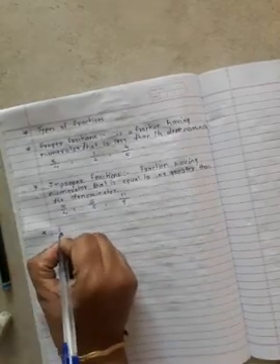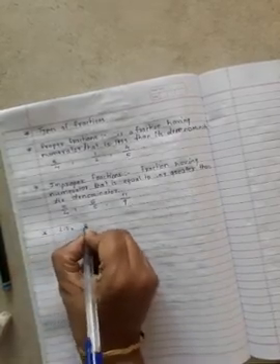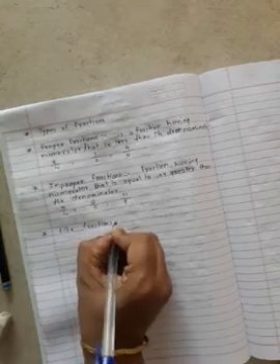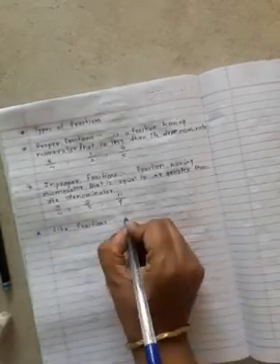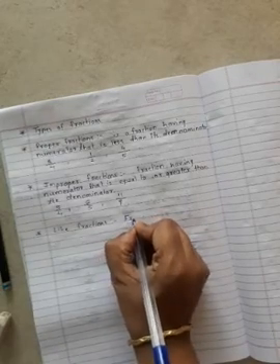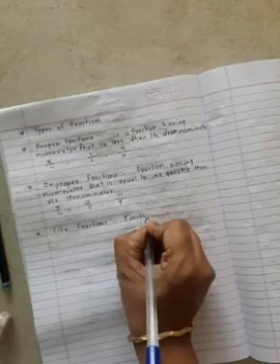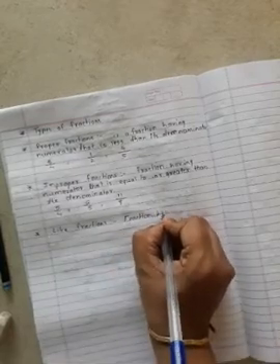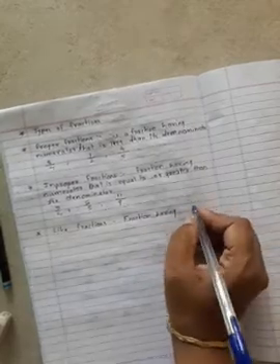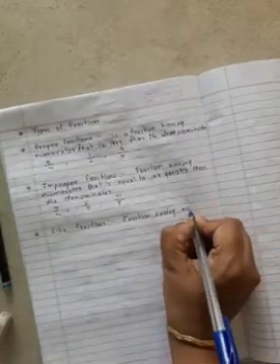Next one, like fraction. Like fraction means fractions having same denominators.